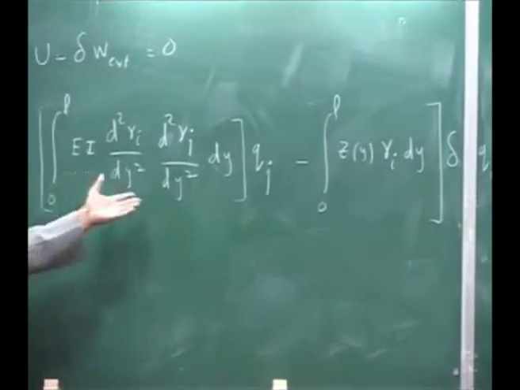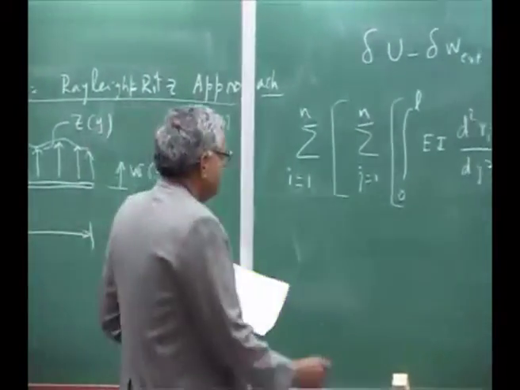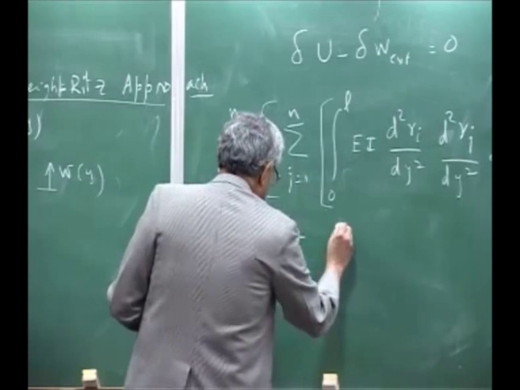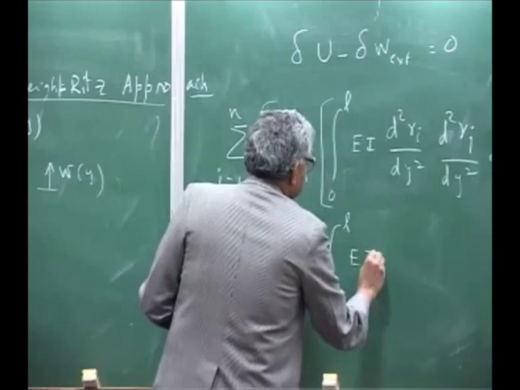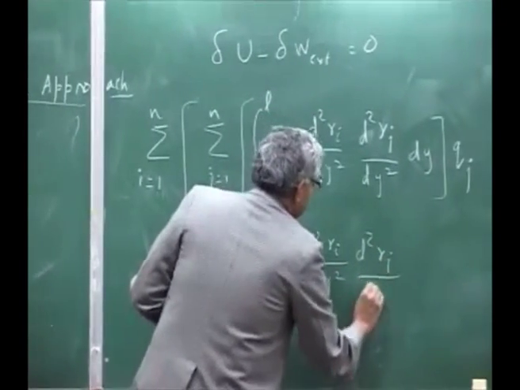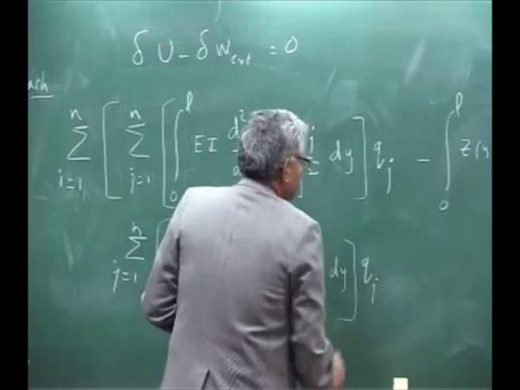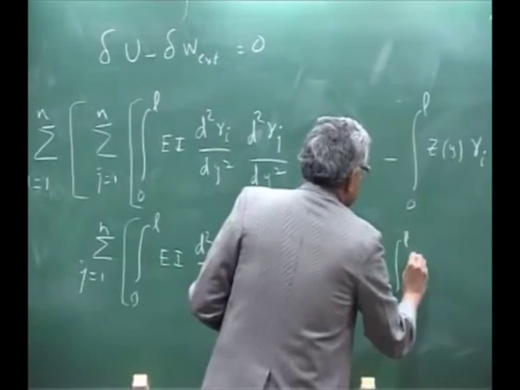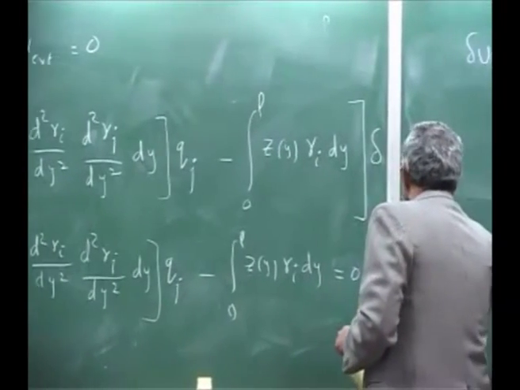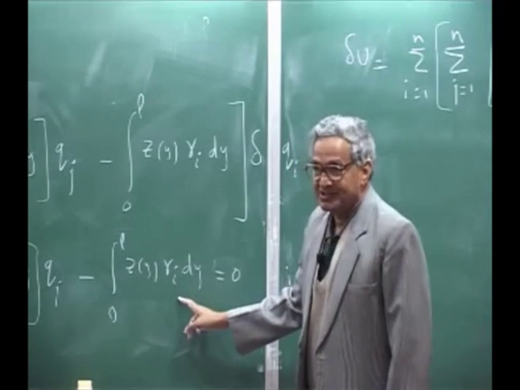That means the term that is getting multiplied to that delta q_i must be equal to 0, and that gives you your equation, which is summation j running from 1 to n, integral 0 to L EI d square gamma i by dy square, d square gamma j by dy square dy, q_j, minus integral 0 to L z y gamma i dy equals 0, and this is for i running from 1 to n, because you will have n equations.